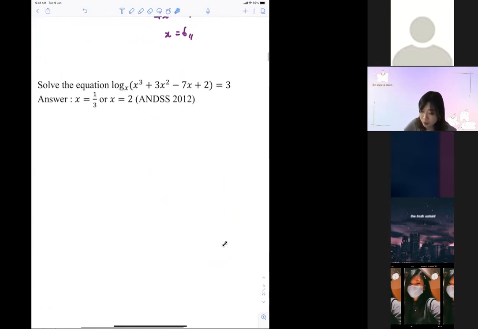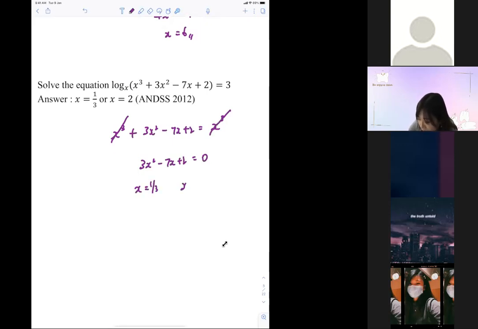So this one here, same thing. You want to solve for x, you cannot have a log, so bring over. Cancel, cancel, then you realize that this is a quadratic. So solve your quadratic.